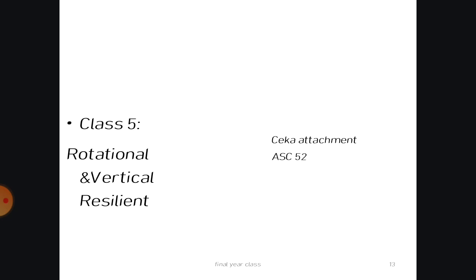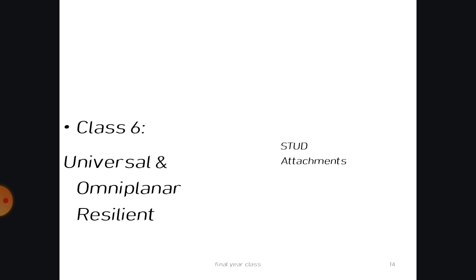And the examples are Sika attachment or ASC 52. It gives a rotational and vertical movement. That's why it comes under class 5, Sika attachment and ASC 52. And class 6, it gives movement in all the planes, that is omniplanar. And the example for class 6 attachments are stud attachments.